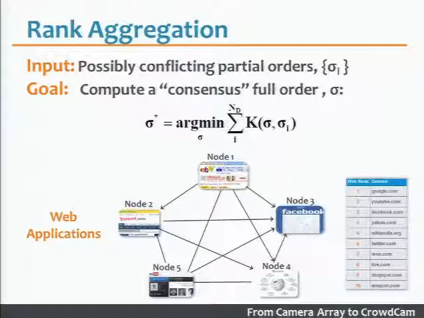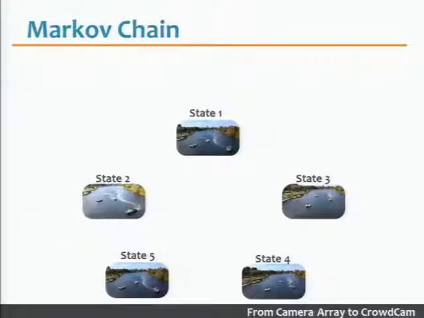The objective function wants to find the optimal order sigma which will minimize the pairwise disagreement between all partial pairs. In general, this problem is NP-hard. So we use the Markov chain approximation, and I will explain the intuition behind it.